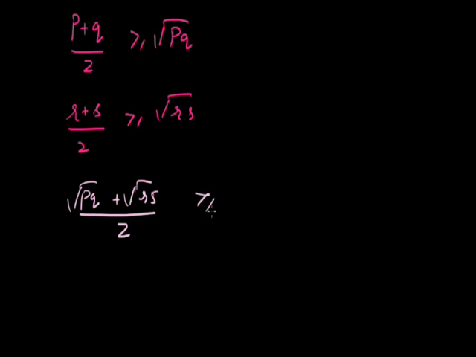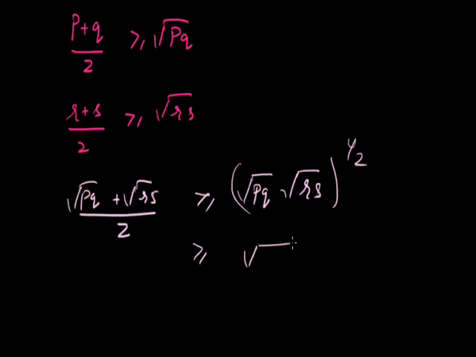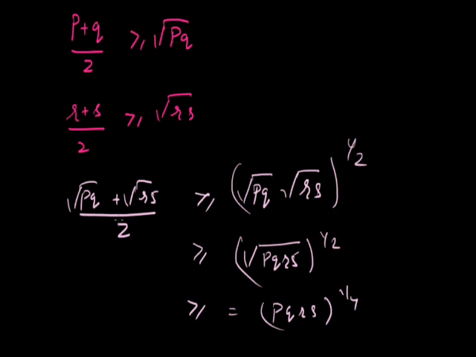This is greater than the geometric mean of these two numbers, raised to power 1 by 2. This is the square root of pqrs raised to power 1 by 2, or in other words, pqrs raised to power 1 by 4 is less than or equal to (root pq plus root rs) upon 2.